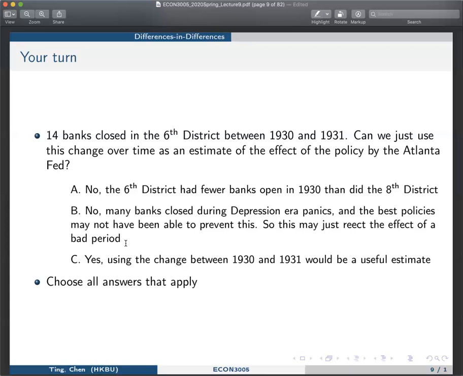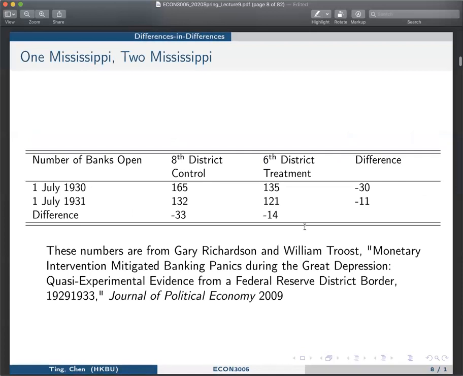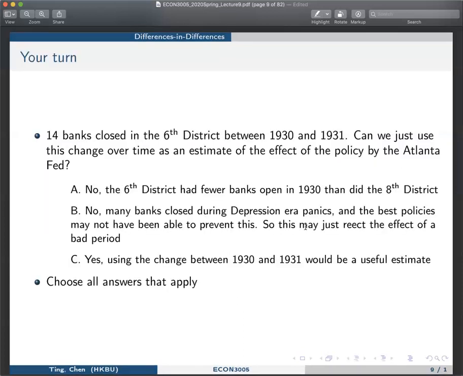So the outcome, the -40, is actually the outcome of combining these two effects, the effects of the banking crisis and the Federal Reserve, the central bank's action. Okay, but what you really want to estimate is only the second part, the effects from the central bank's policy.